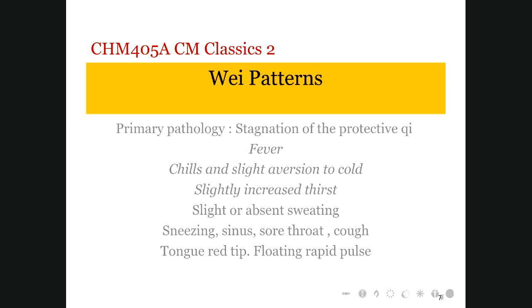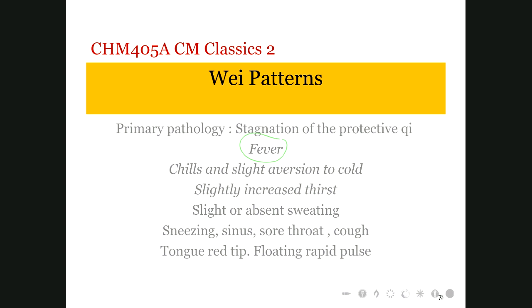For the Wei level disorder or Wei symptoms, basically there is a stagnation of protective Qi. Because the Qi is trapped in the Wei level, they have very noticeable fever simultaneous with chills and intense cold, but the fever is much more than the chills.